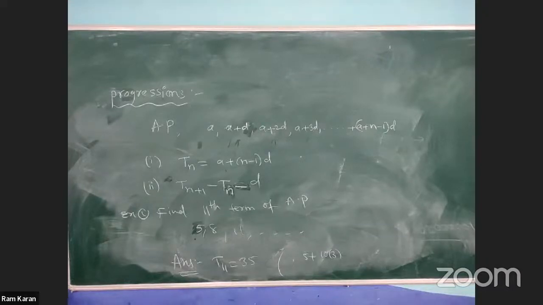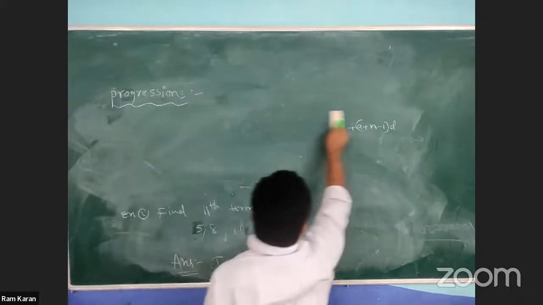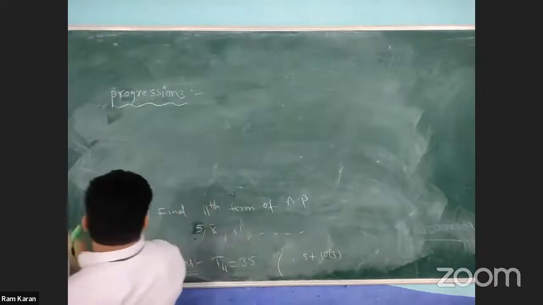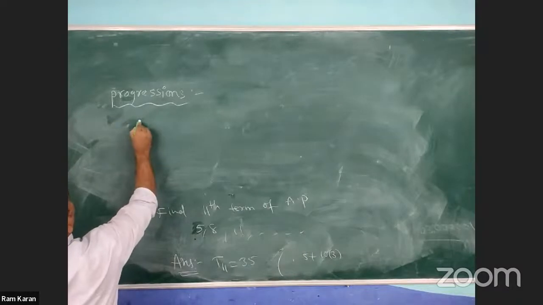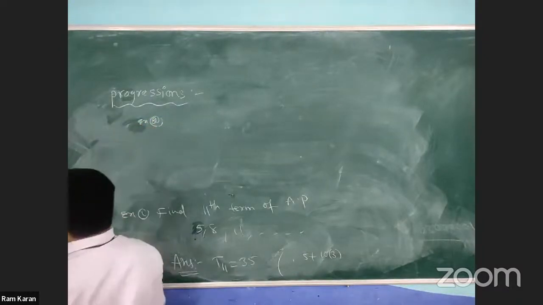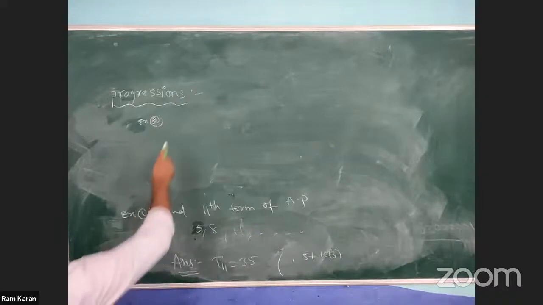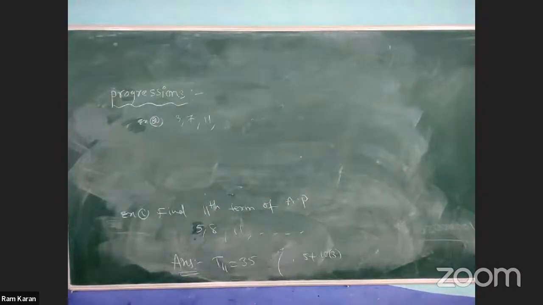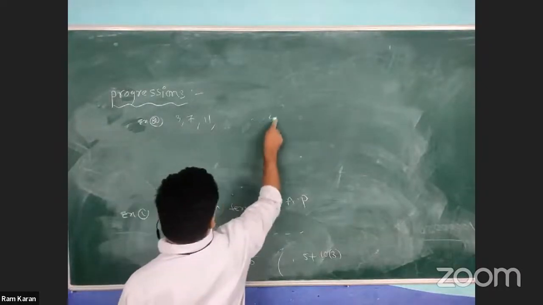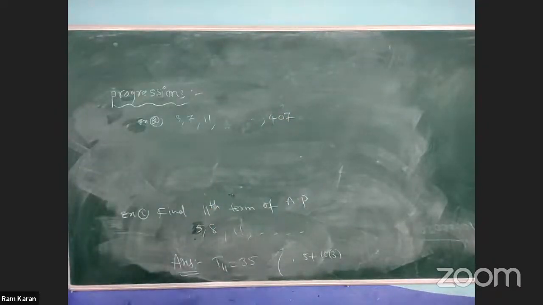Example 2. How many terms are there in the AP 3, 7, 11, and so on, up to 407?